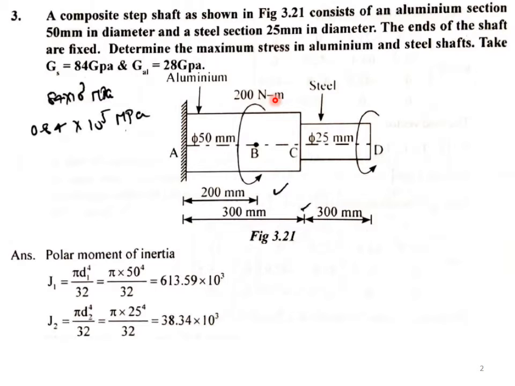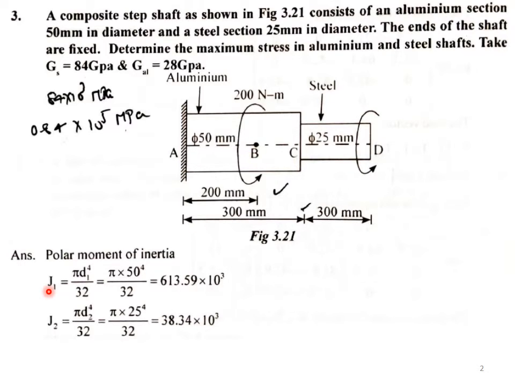At node number 2 there is a torque of 200 Newton meter. The length of element 1 is 200 mm, the length of element 2 is 300 minus 200, meaning 100 mm, and the length of element 3 is 300 mm.